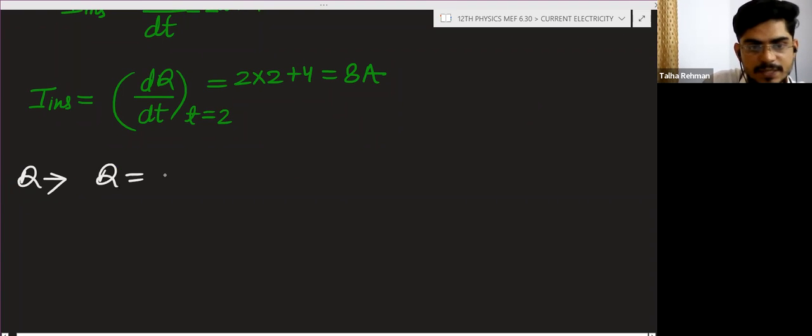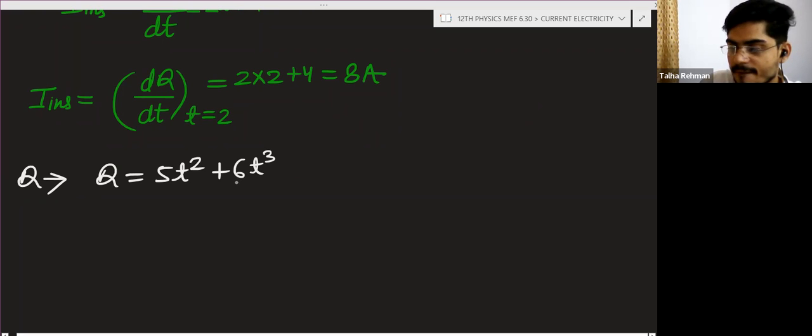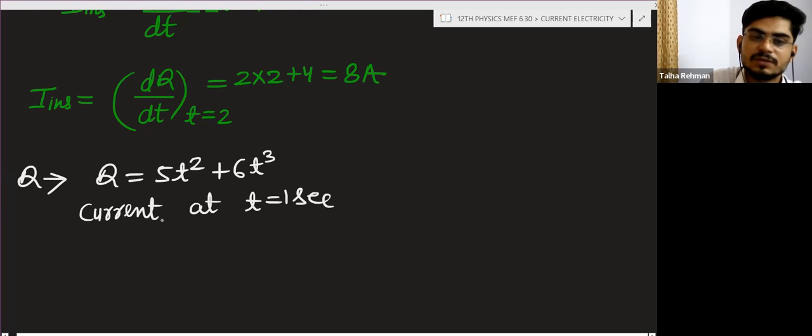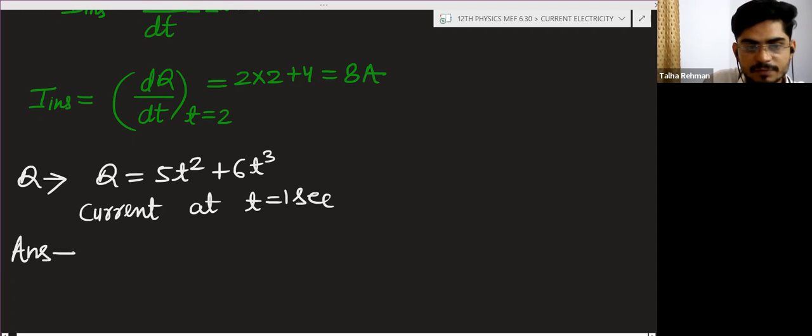Q is given as 5t square plus 6t cube, and this is the charge. You have to find current at t equal to 1 second. Guys, please solve this. Current at t equal to 1 second and take your time.